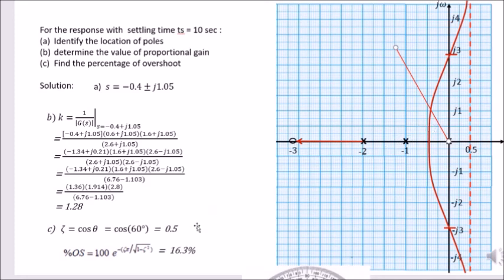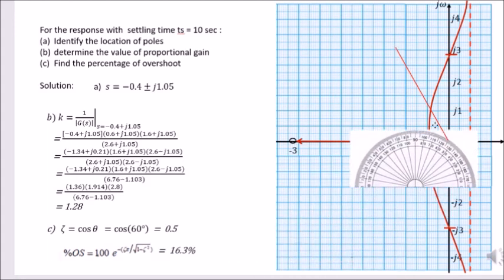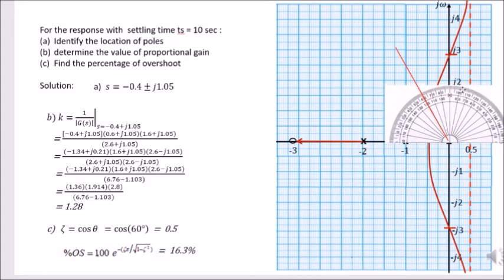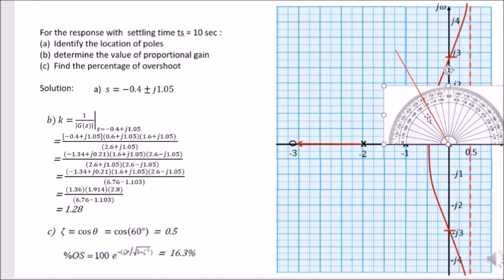In order to find zeta, we have to find the angle theta, the angle from here to here. To know this angle, we can use a protractor. So we just put this protractor here. Based on this line, the measured value on the protractor is 60 degrees. So that means theta is equal to 60 degrees.